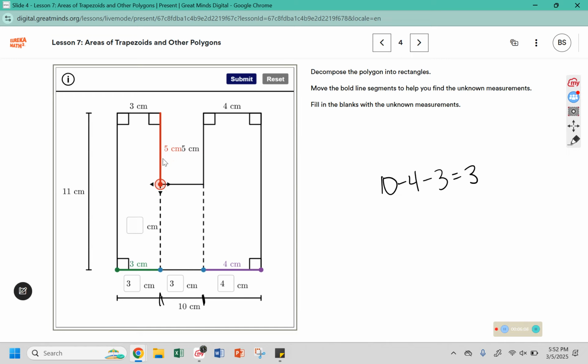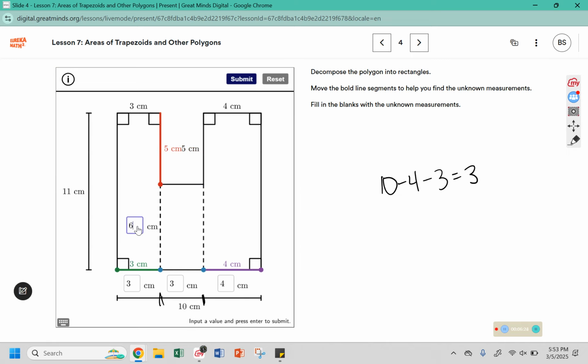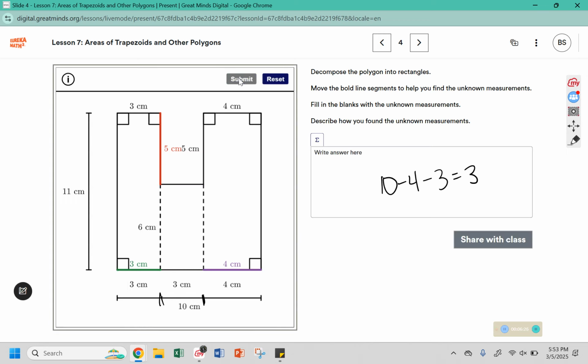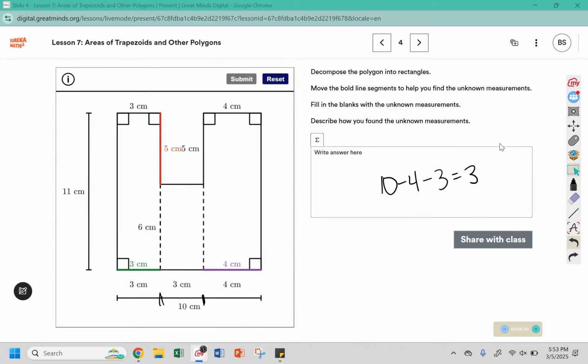This piece here is 5, so this missing piece needs to be 6 in order for it to equal 11. 5 plus 6 equals 11. Describe how you found the unknown measurements.